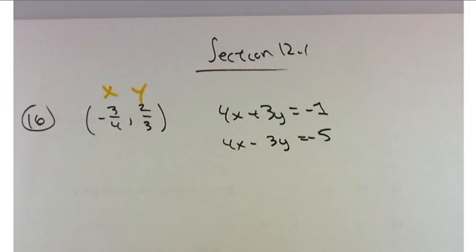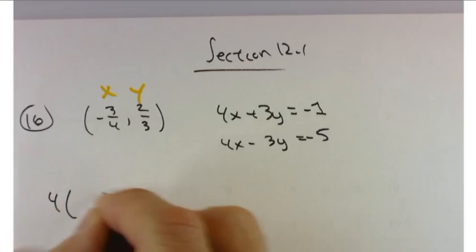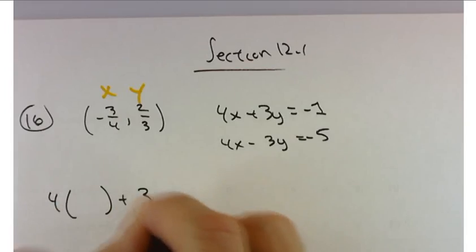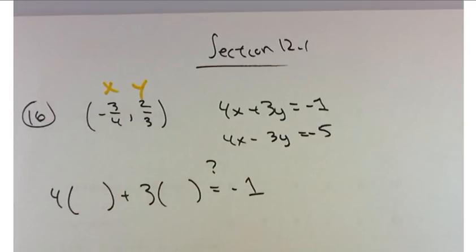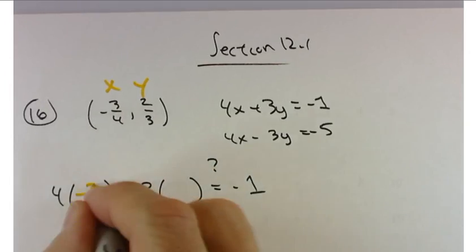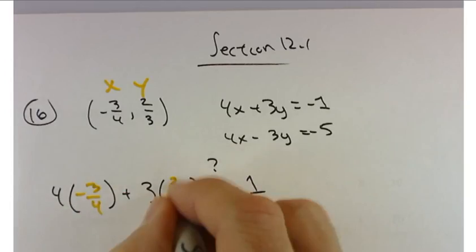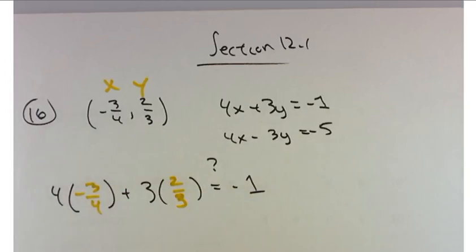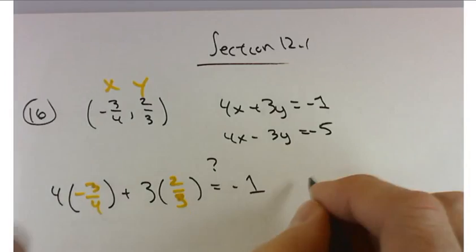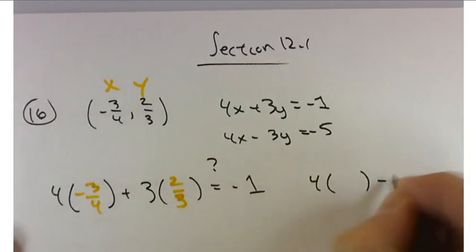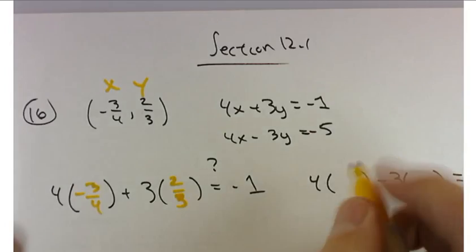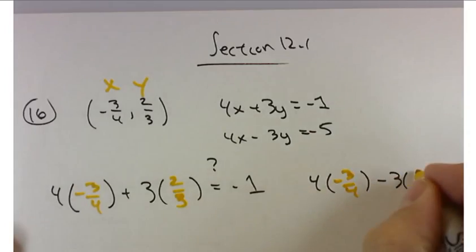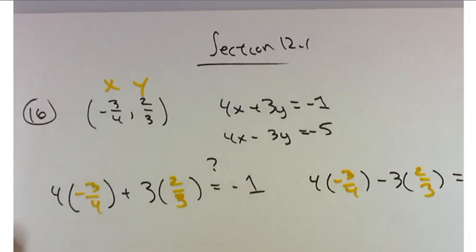So what they're really giving you is x and y to plug into both of these equations. And we want to see, does 4 times negative 3/4 plus 3 times 2/3 equal negative 1? And at the same time, it also has to satisfy this equation: 4 times negative 3/4 minus 3 times 2/3 has to equal negative 5.